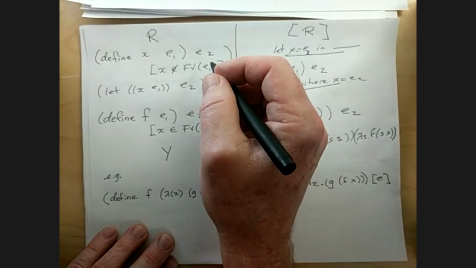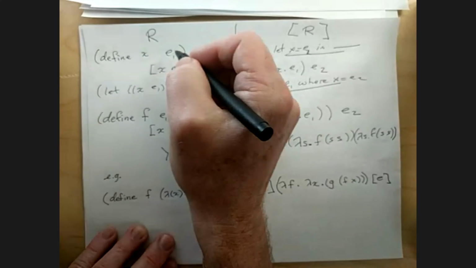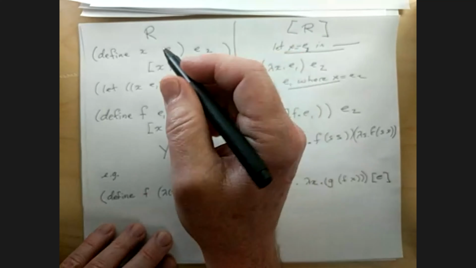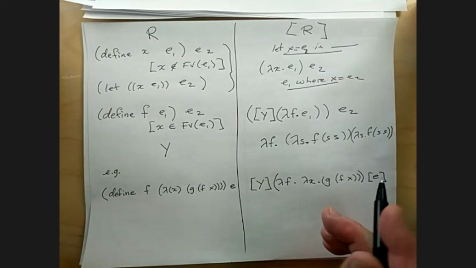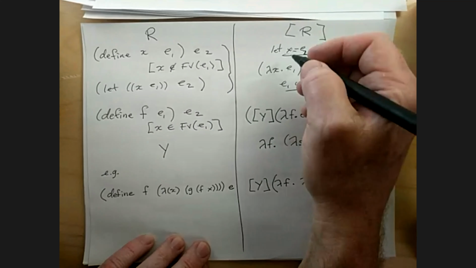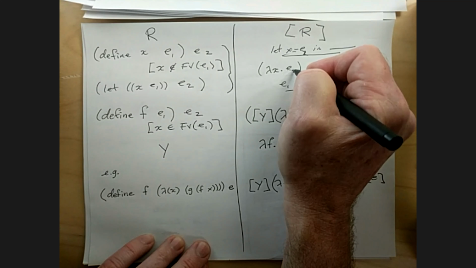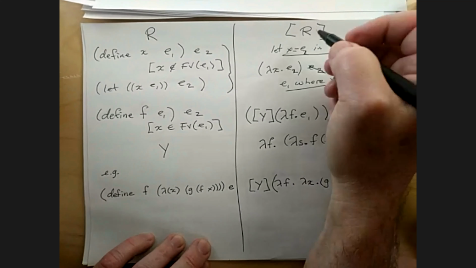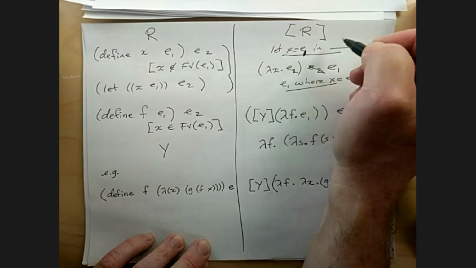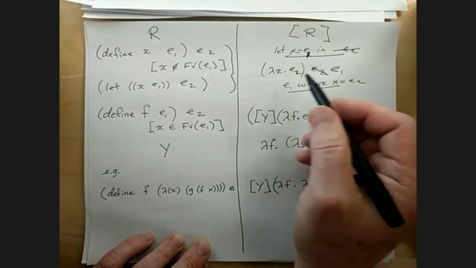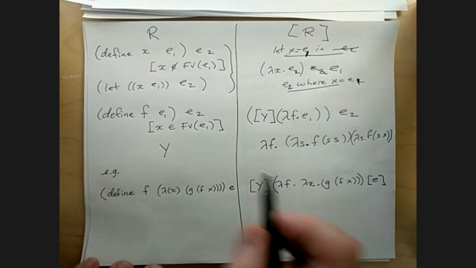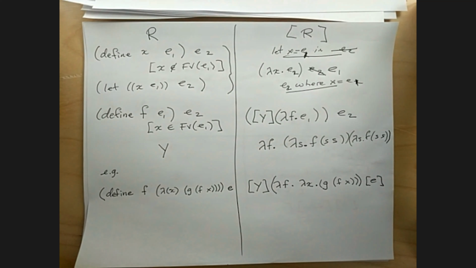I should be consistent here. Define X to be E1 means that the result is E2, where X is defined to be E1. I apologize for the mess. And now we can say let X equal E1 in E2, or we can say E2 where X equals E1. I should not switch notations in midstream, otherwise I confuse myself and you. I apologize for having done that.